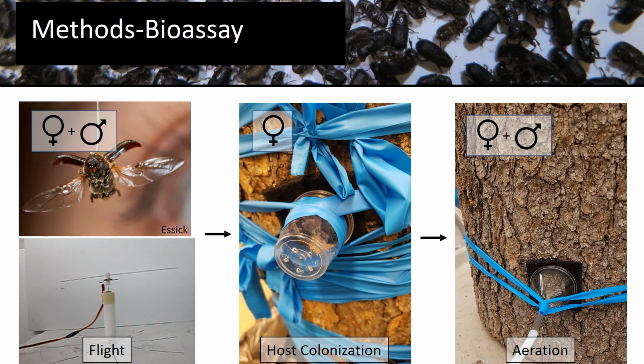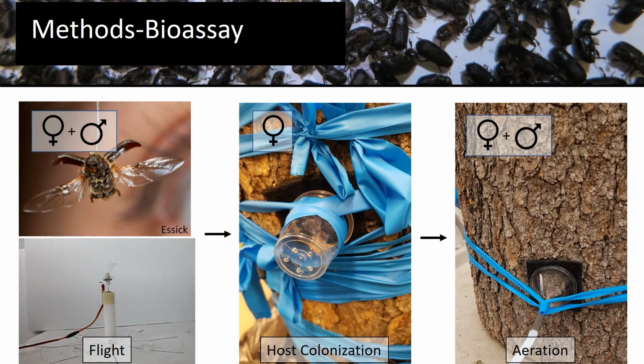So this is the experimental setup for examining the effect of flight behavior on subsequent host colonization and pheromone production. Male and female beetles were exposed to a flight treatment where they were flown on the computer-linked flight mills for 23 hours, just as we used in the first part of Kelsey's work.